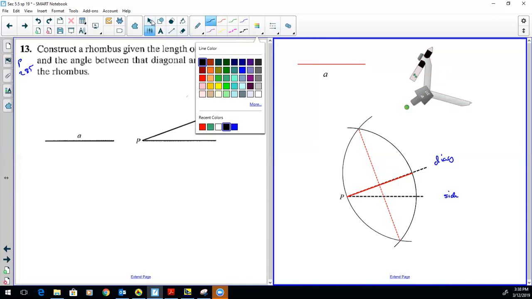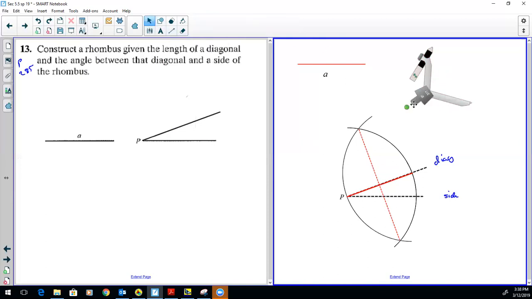Okay. What else do you know about diagonals and rhombuses? Well, the diagonal of a rhombus bisects the angle of the rhombus. So in other words, if the side of the rhombus is down here on the black dashed line, then the other side of the rhombus here is going to be, well, that's just half of the angle here.